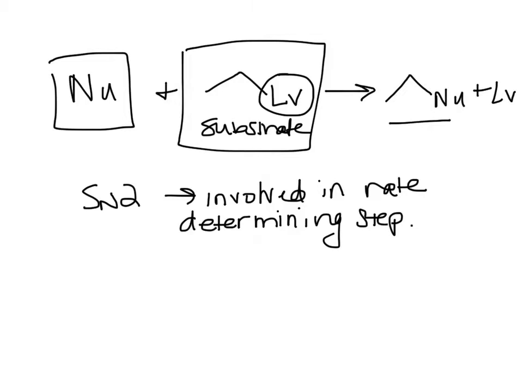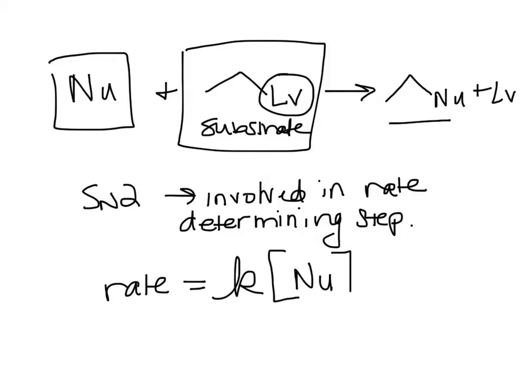So, when we write the rate of this reaction, it would be k, some rate constant, times the concentration of the nucleophile times the concentration of the substrate. And these are raised to a power of 1, so really you don't have to write that in.